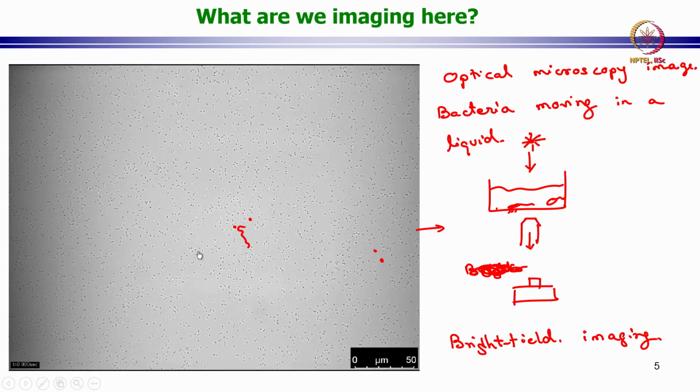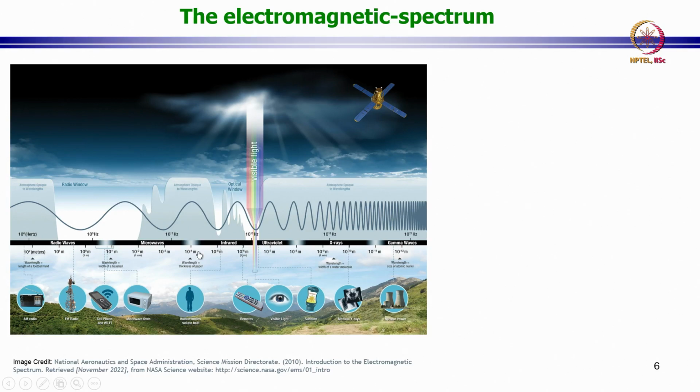All this is because of the nature of the light and matter interaction, where some light falls on the sample and some light goes away into the optical system that we have.